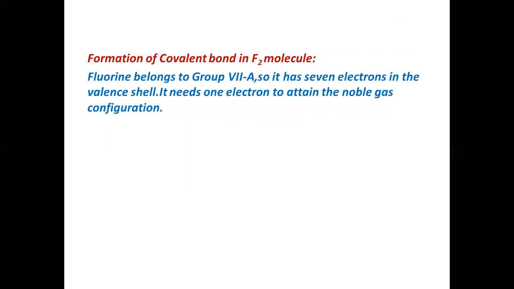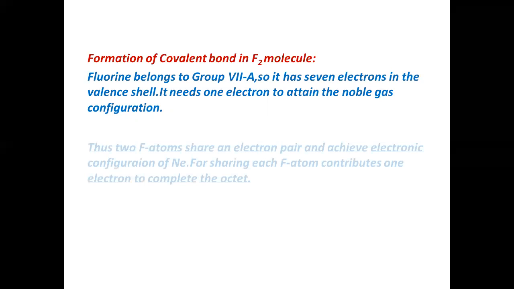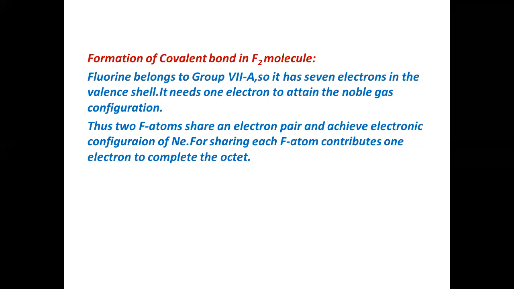Formation of a covalent bond in F2, which is the second example of a single covalent bond. Fluorine belongs to group 7A and it has 7 electrons in the outermost shell, and fluorine needs only 1 electron to attain the noble gas configuration, or to complete its outermost shell. Thus, two fluorine atoms share an electron pair and achieve the electronic configuration of neon, which is a noble gas.